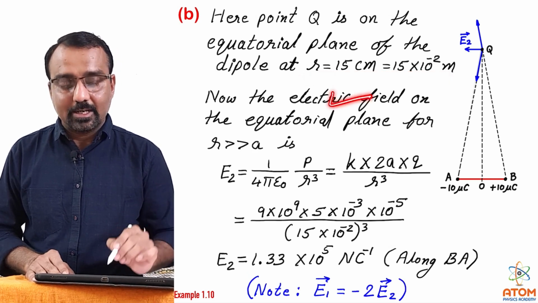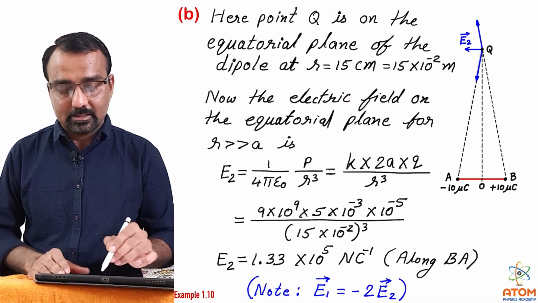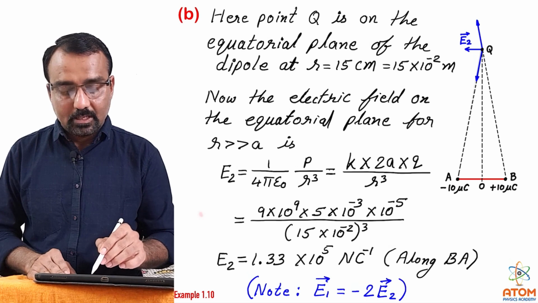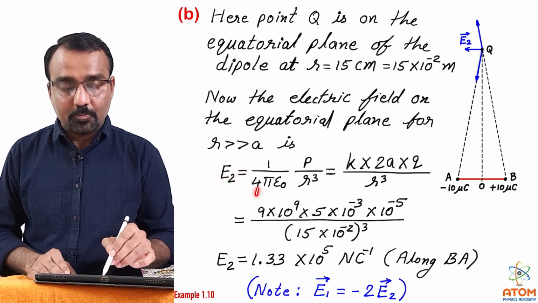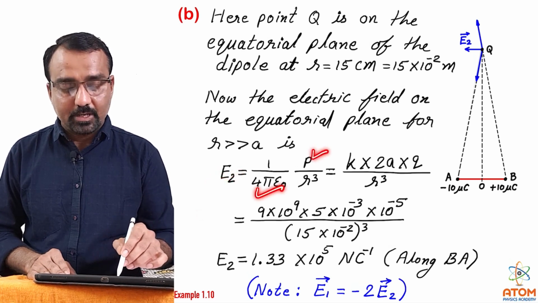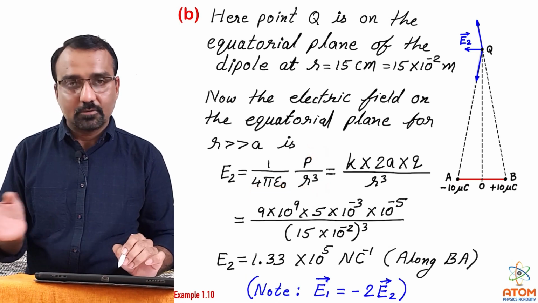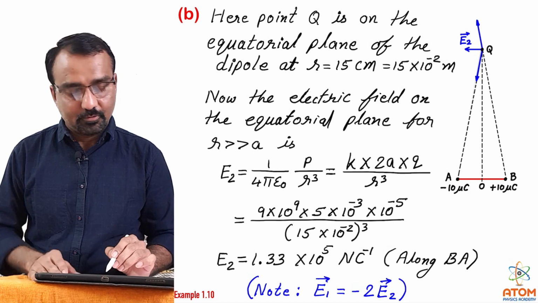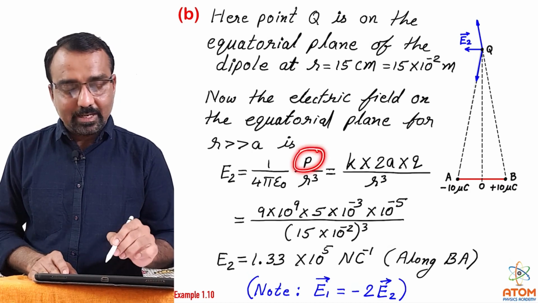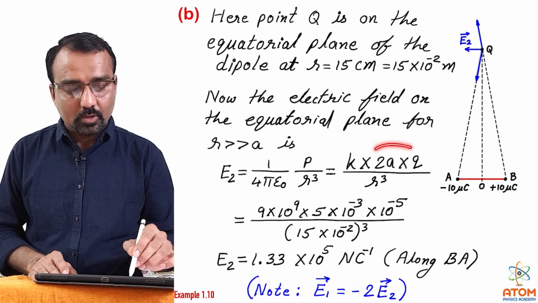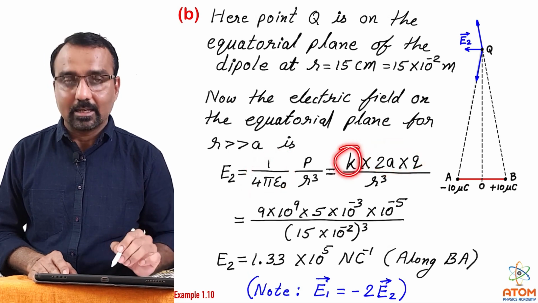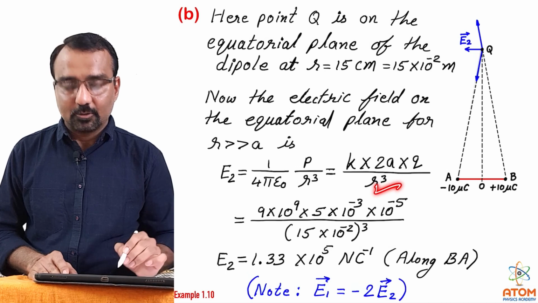Now the electric field on the equatorial plane at a very large distance, that means r is very much greater than a, is given by E2 equal to 1 upon 4 pi epsilon 0 into p upon r cube. This is the equation we have derived, and this is only in scalar form, magnitude form. Here p can be written as 2aq, and 1 upon 4 pi epsilon 0 can be written as k, and here is r cube itself.